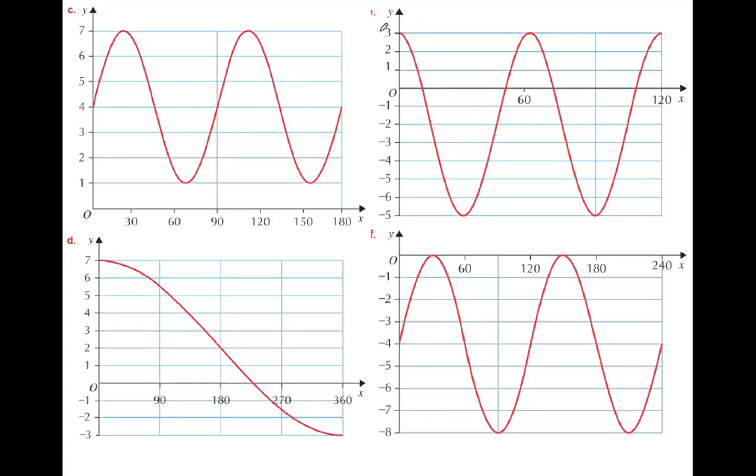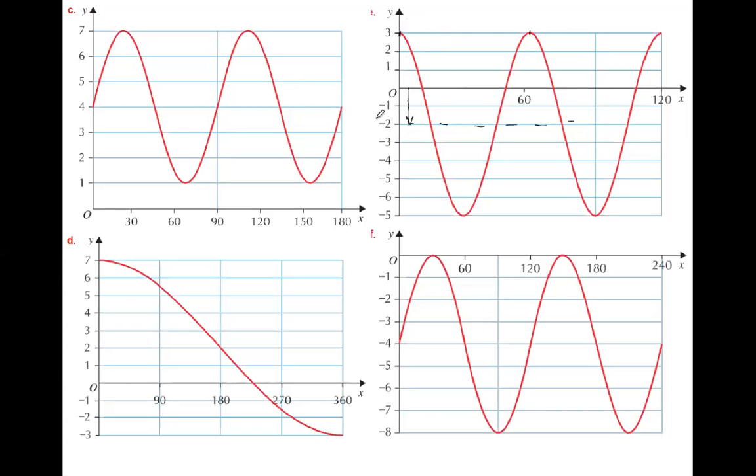E. So we can do E. So the first thing I can see here is I've got a cos signal. It's been dropped because this is where the middle of it would be. So it's been dropped by 2. Yeah? Yep. So that's going to be -2.